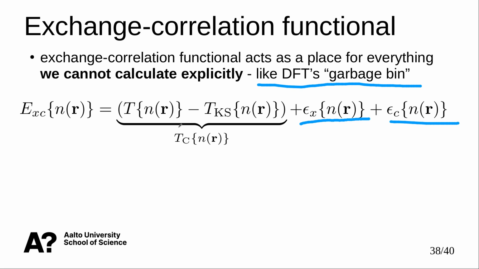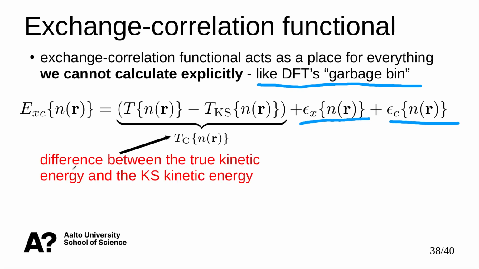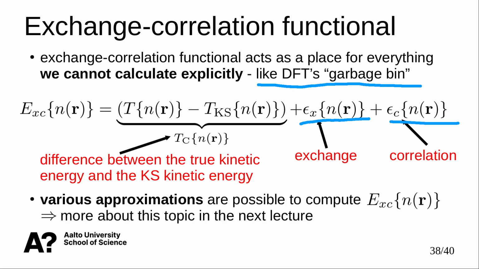So there might be a difference between Kohn-Sham's kinetic energies and the true kinetic energy, and that's also included in this exchange correlation functional because we don't know how to compute it, so we put everything together in this exchange correlation contribution, right? As I said, it's the difference.